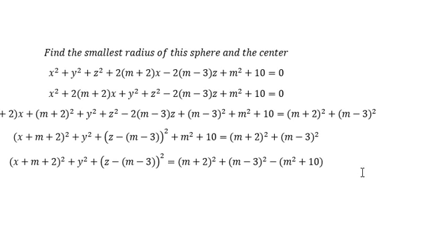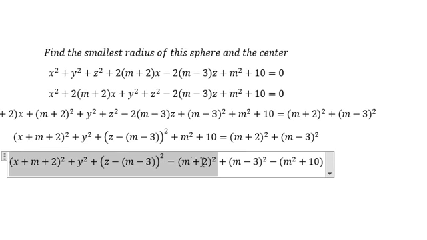So we can see that this is about x minus a everything to the power of 2 plus y minus b everything to the power of 2, and z minus c everything to the power of 2, and this one that is about r square.